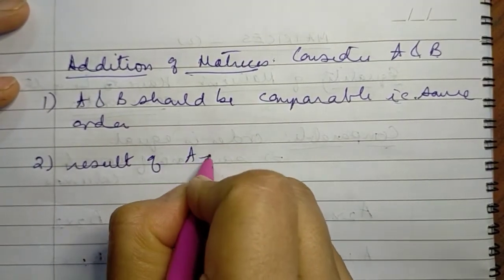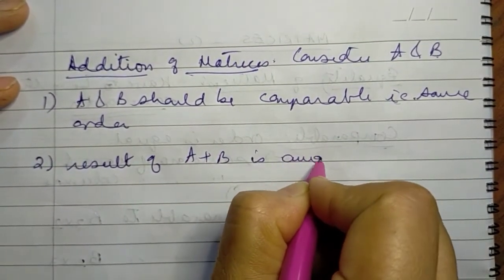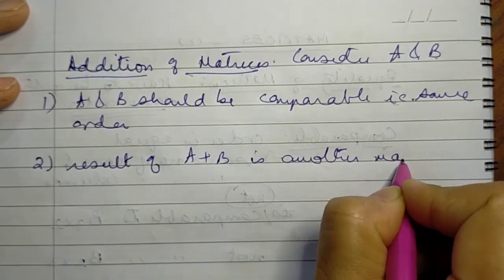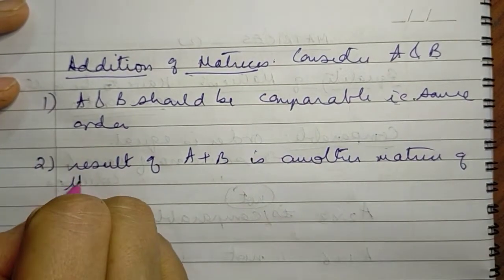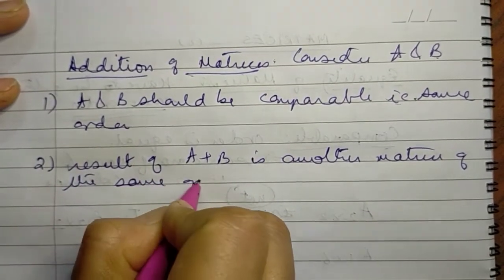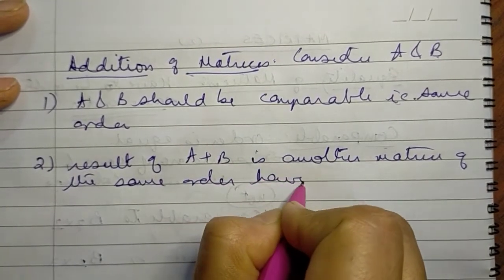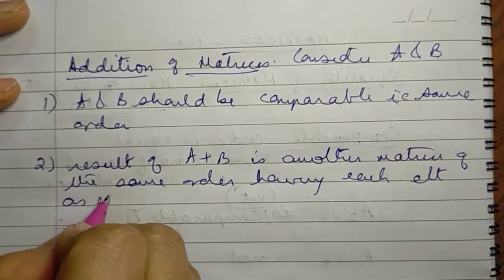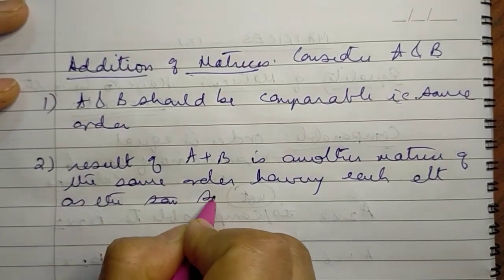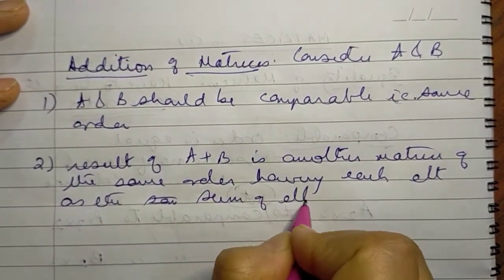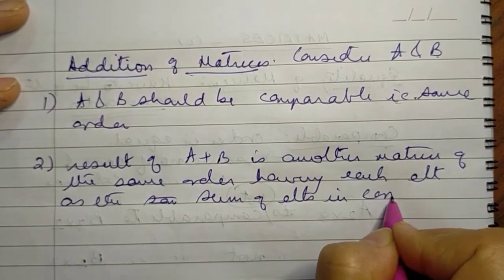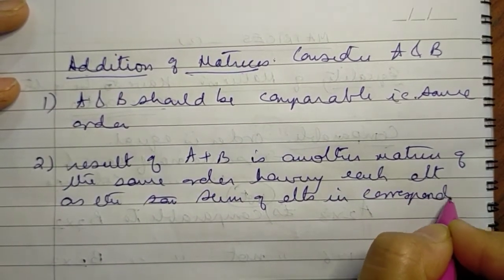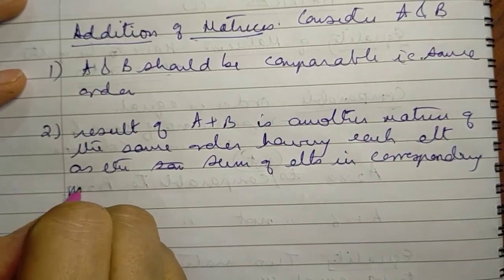And the second thing is that the result of A plus B is another matrix of the same order having each element as the sum of elements in corresponding positions.